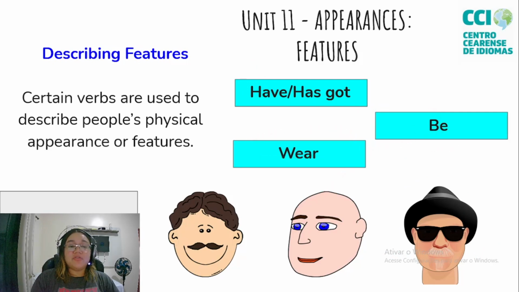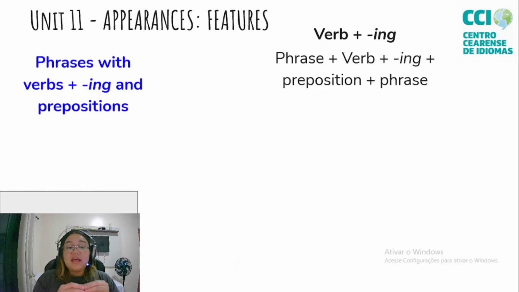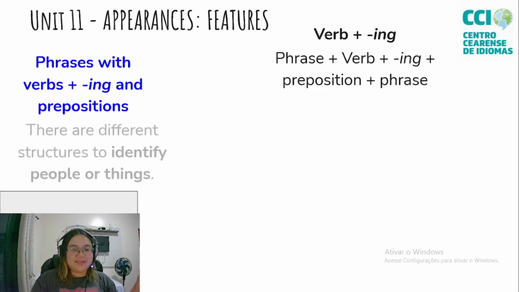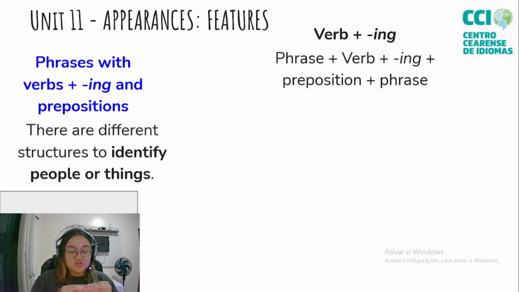And now we're going to talk about phrases that have verbs with the ing form and prepositions. So this structure that we see here, phrase plus verb plus ing plus preposition plus phrase, we use it to identify people or things.